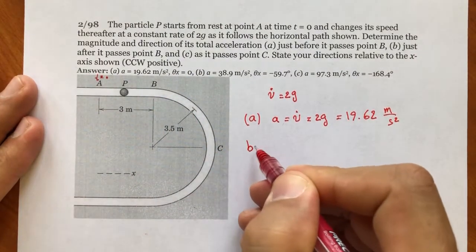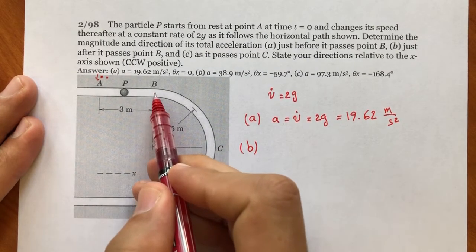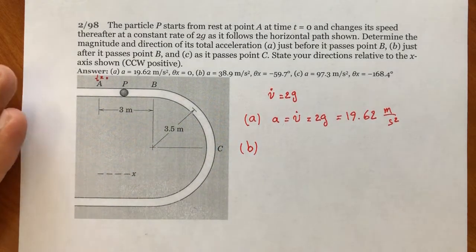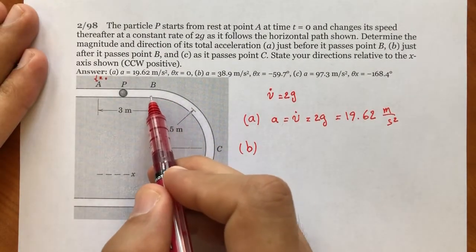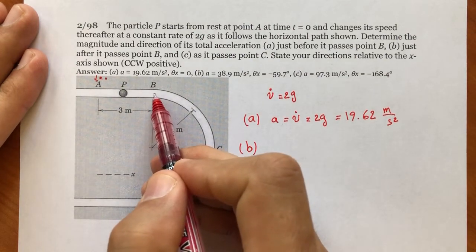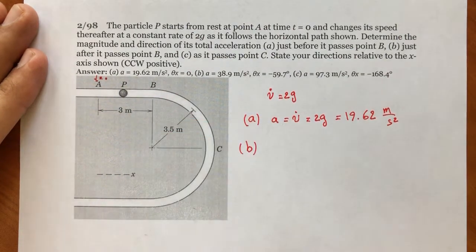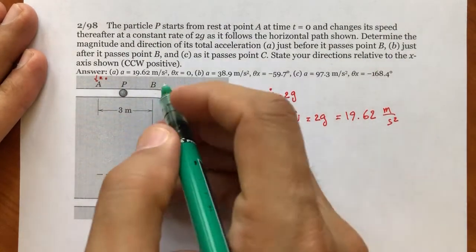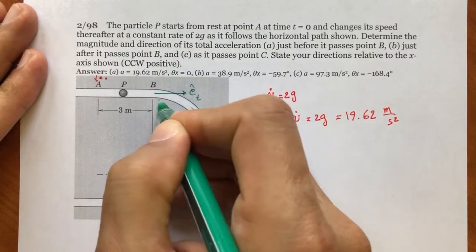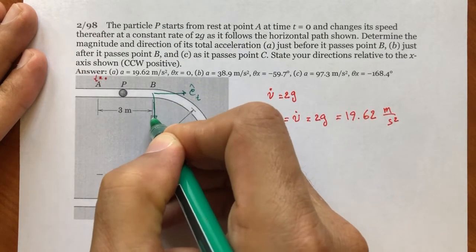In the second case, which is the same point, but we are assuming this particle has started this curve. Here we have a curved path. Because it's a curved path, acceleration is going to have two components. Tangent to this path, which is going to be this, and also normal to the path, which is going to be toward the center.